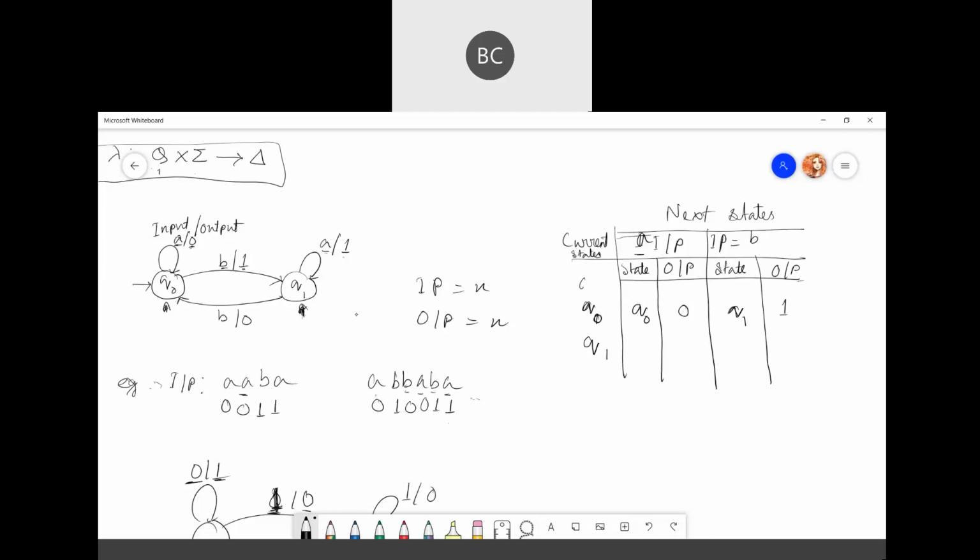For Q1, for input symbol A, the next state is Q1 and the output is 1. For alphabet B, next state is Q0 and output is 0. So for the next state, for every input symbol, we again track both state and the output. This is the transition table for your Mealy machine.